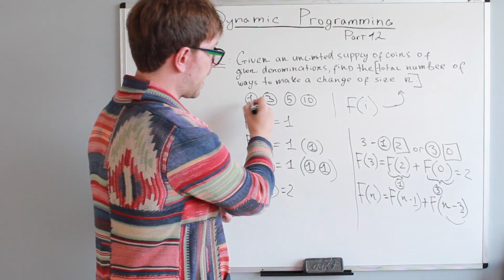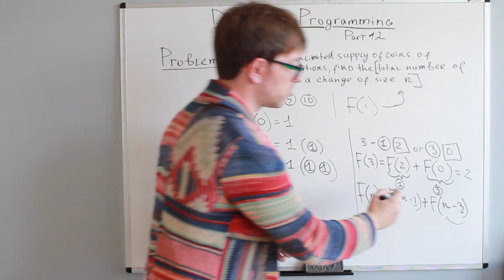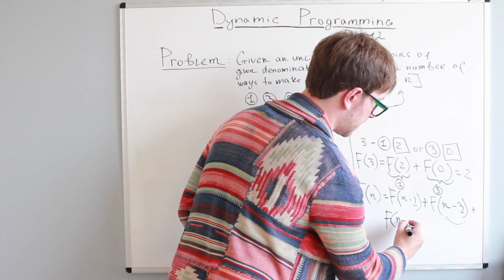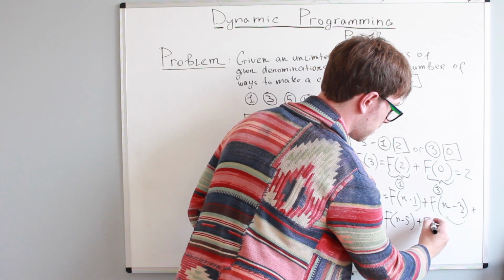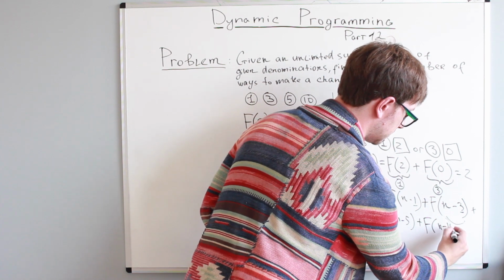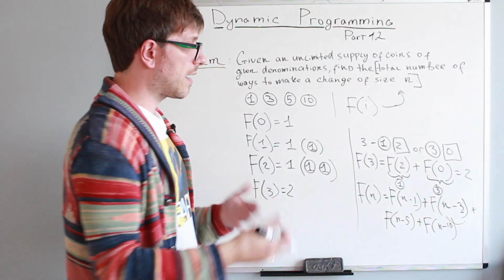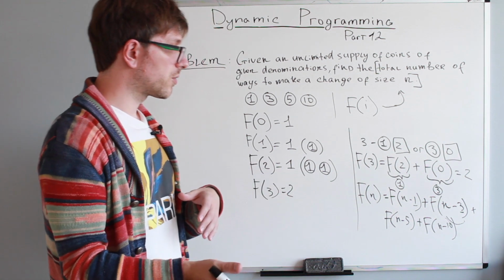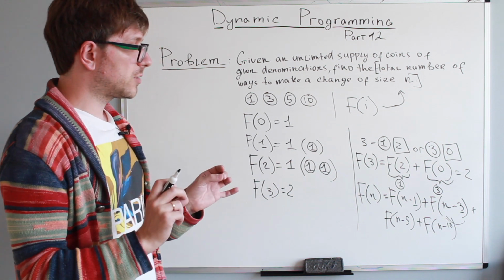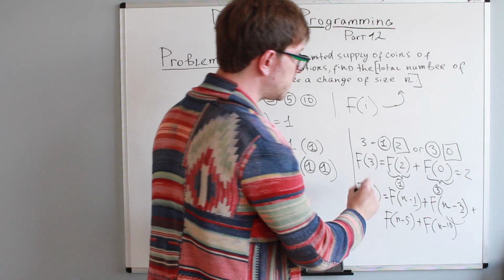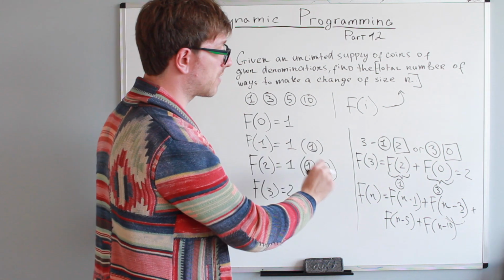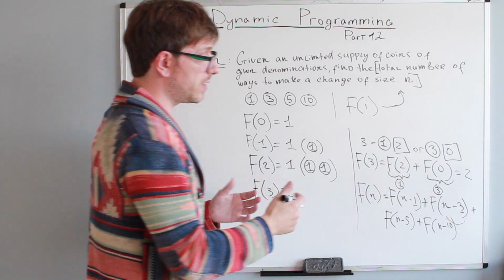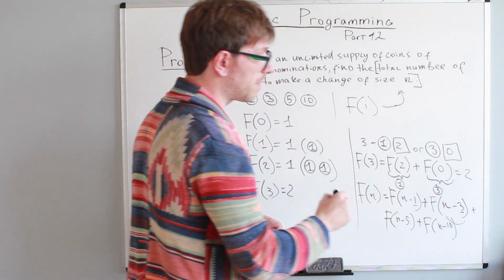Now, since we have more denominations here, the transition function would be slightly longer. So we would have f of n minus 5 plus f of n minus 10. And if you have more denominations, obviously the transition function would be either longer or shorter. One thing that we have to be mindful about here is that when we solve this problem for n less than 10, we have to be mindful about boundaries, right?